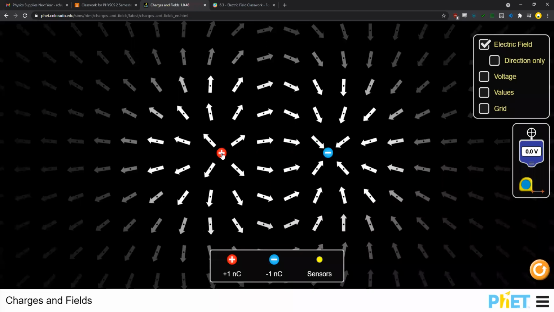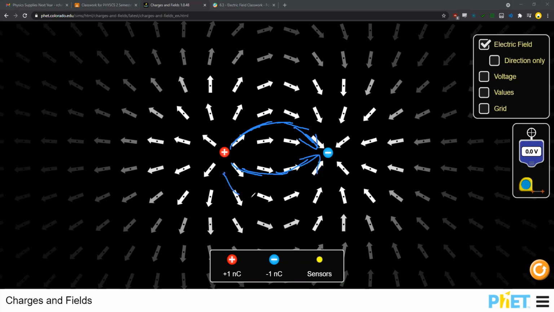Anyway, what's gonna happen when you have a positive point charge and a negative point charge is that the arrows are just gonna start curving towards the electron. I mean, not the electron, the negative charge, right?